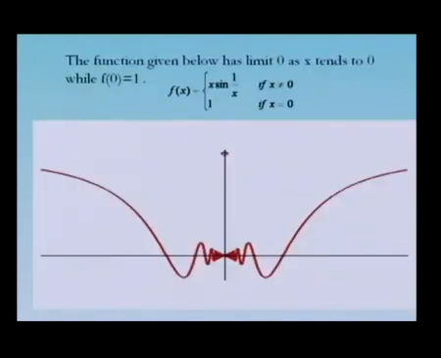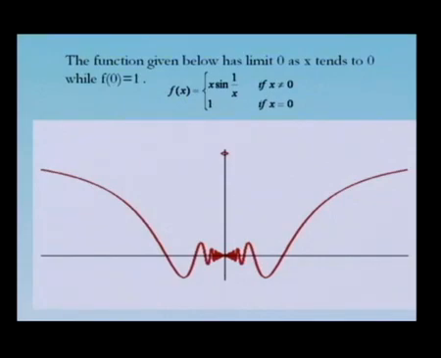Now let us take the function f(x) equals x sin 1 upon x if x is not equal to 0, and it is 1 when x equals 0. So clearly f(0) is 1. Now let us have a look at the graph.